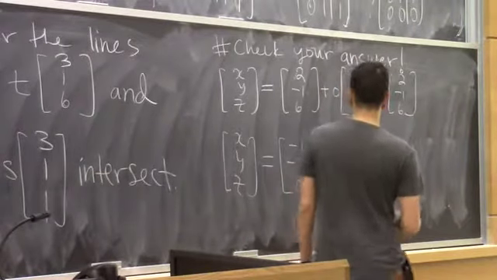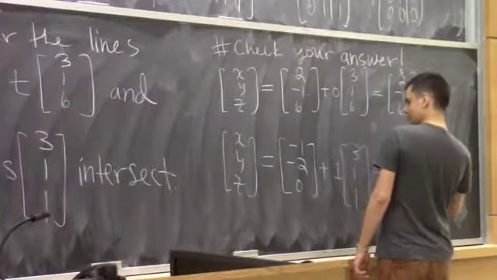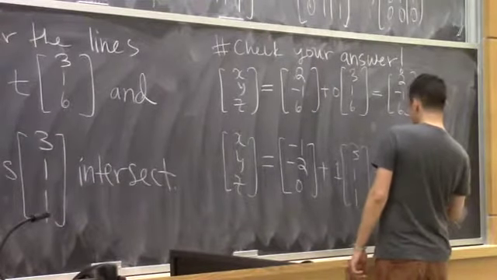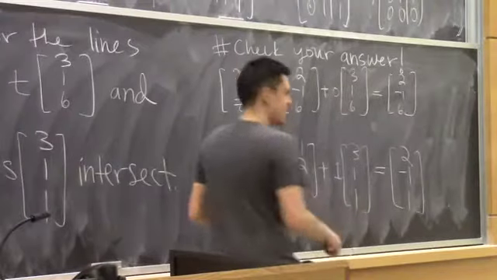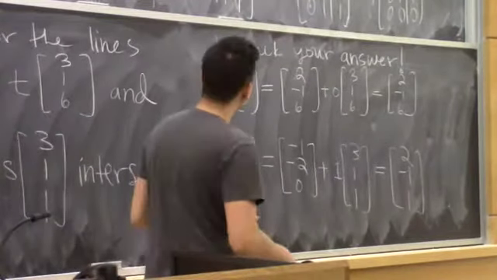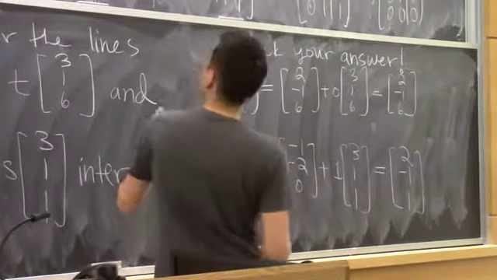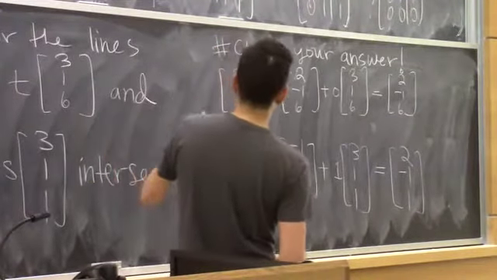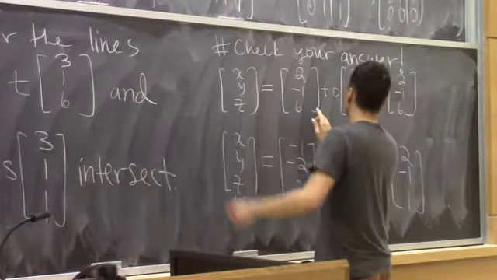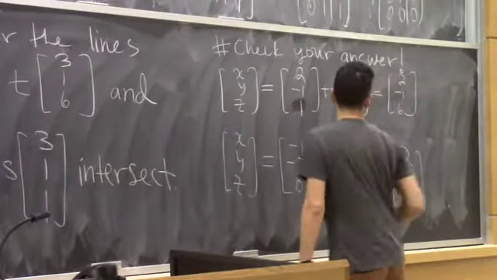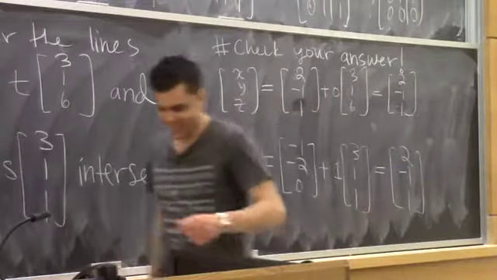We're way off. 2, negative 1, 1. Uh-oh. Okay, so we have a problem somewhere. It's 2, negative 1, 1 for the first one. Oh, there we go. Oh, thank goodness. Phew. See, it's very good to check your work.